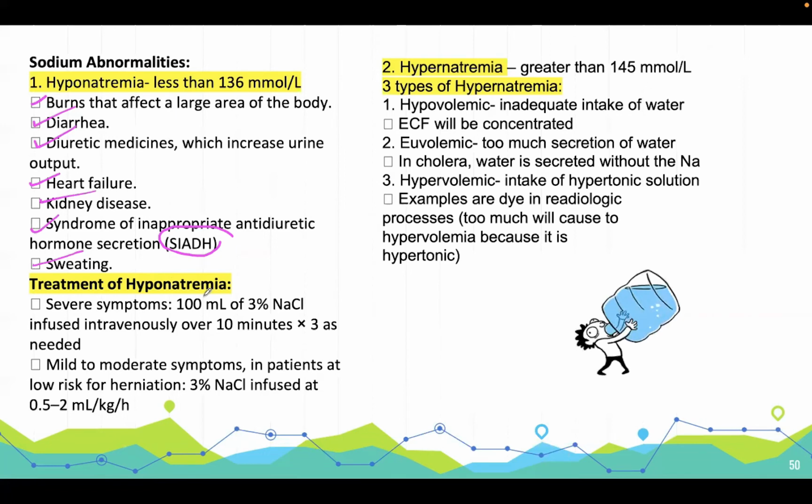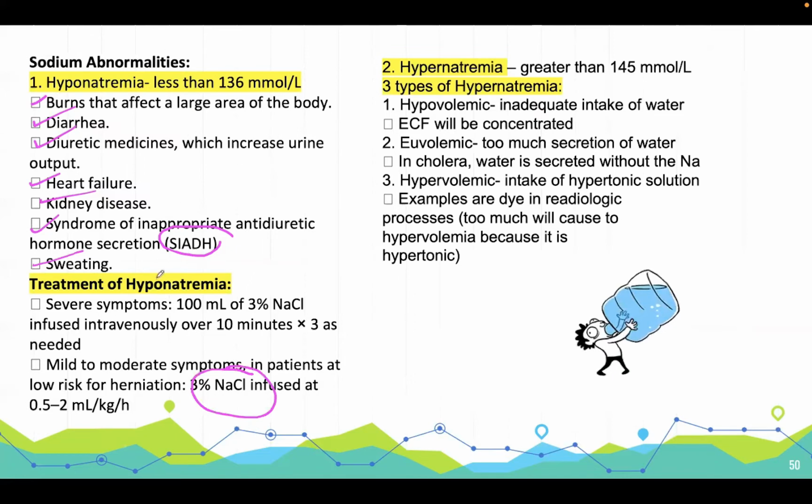Para meron kang IV. Okay? Kung naaalala n'yo, may mga kamag-anak kayong nakita n'yo na naka-dextrose, may turok ng IV. Ayan. Yun po yung treatment sa hyponatremia if severe yung symptoms. So, from mild to moderate naman with patients at low risk for herniation, pwede naman tayo mag-infuse lang ng 3% sodium chloride.